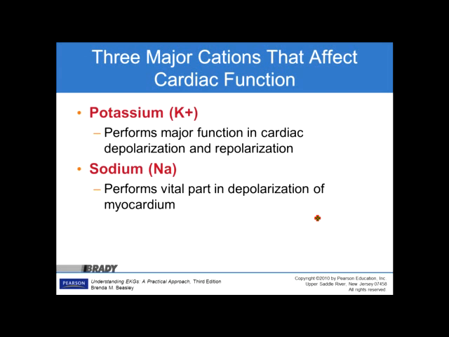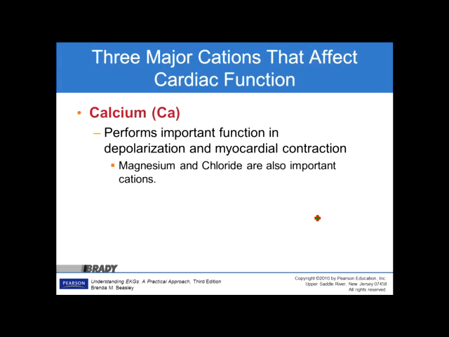And these are vital in the ability of the heart to actually depolarize or contract or cell shorten, whichever term you'd like to apply to it. But the ability of the heart to contract itself is essentially driven off of something called the sodium-potassium pump. Calcium is a pretty important role as well.